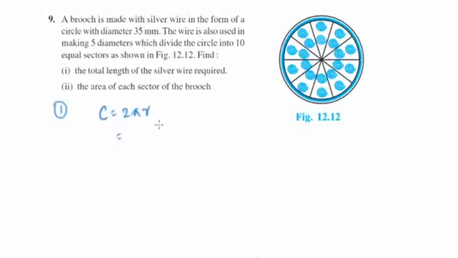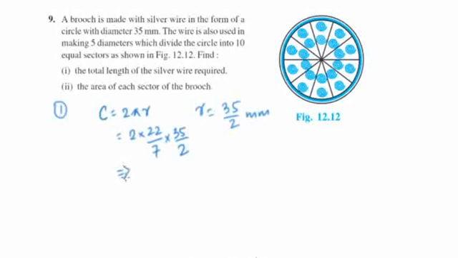So let's find the circumference of the circle. We know the formula to find the circumference, that is 2 pi r. Diameter is given, that is 35 mm. So radius will be 35 divided by 2 mm. So from here we can find the circumference, that is 2 into 22 by 7 multiplied by 35 by 2.